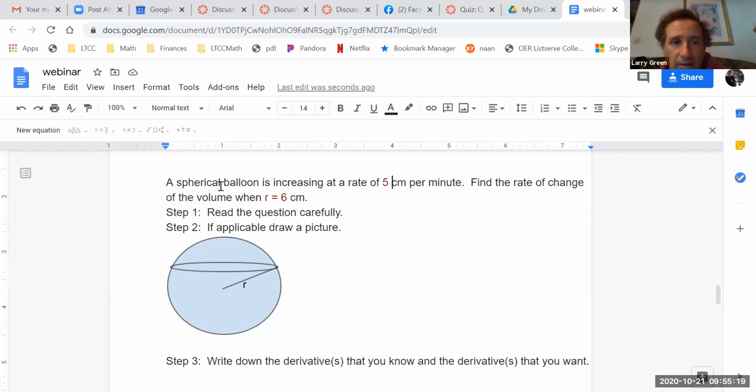So we know that it's increasing. The spherical balloon is increasing at a rate of 5 centimeters per minute. Okay. So based on the units, this 5, what must that be?